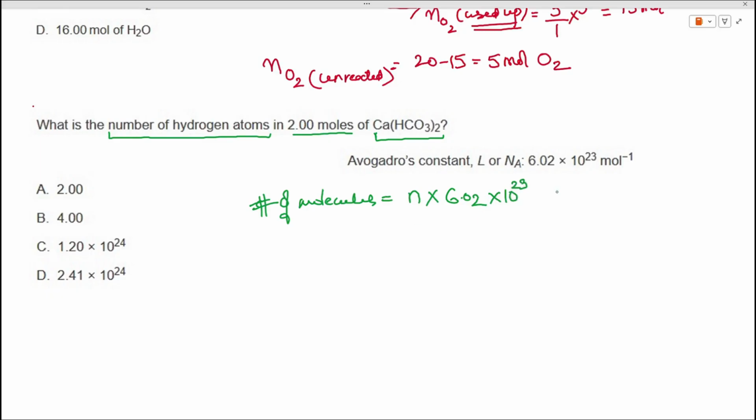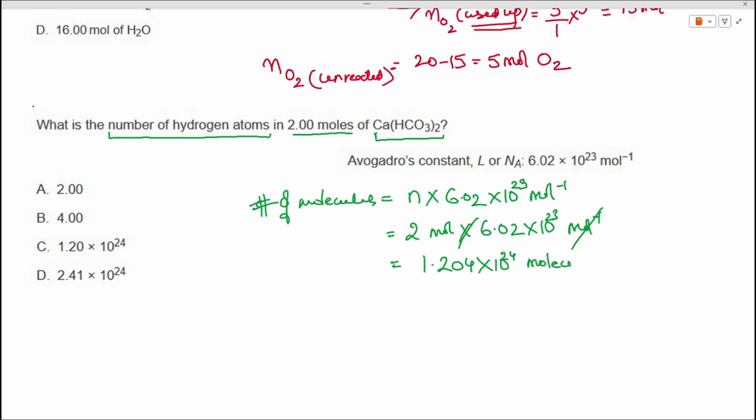So 2 moles multiplied by 6.02 times 10 to the power of 23 per mole gives us 1.204 times 10 to the power 24 molecules.